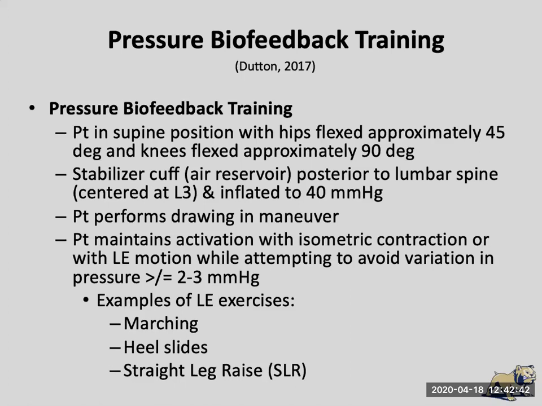So even just a static positioning for increments in time, 10 seconds, for example, and having them ramp that up by 2 to 3 millimeters of mercury at a time.